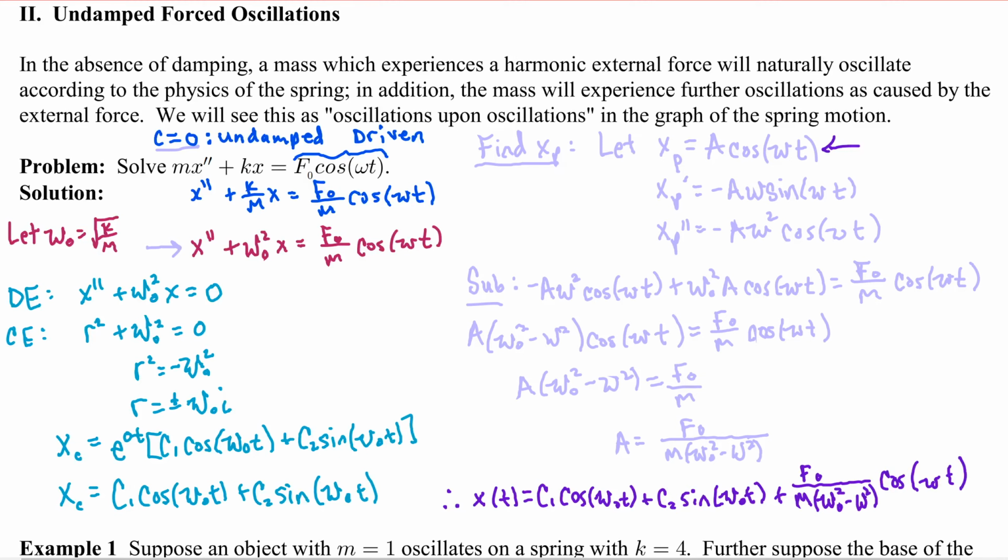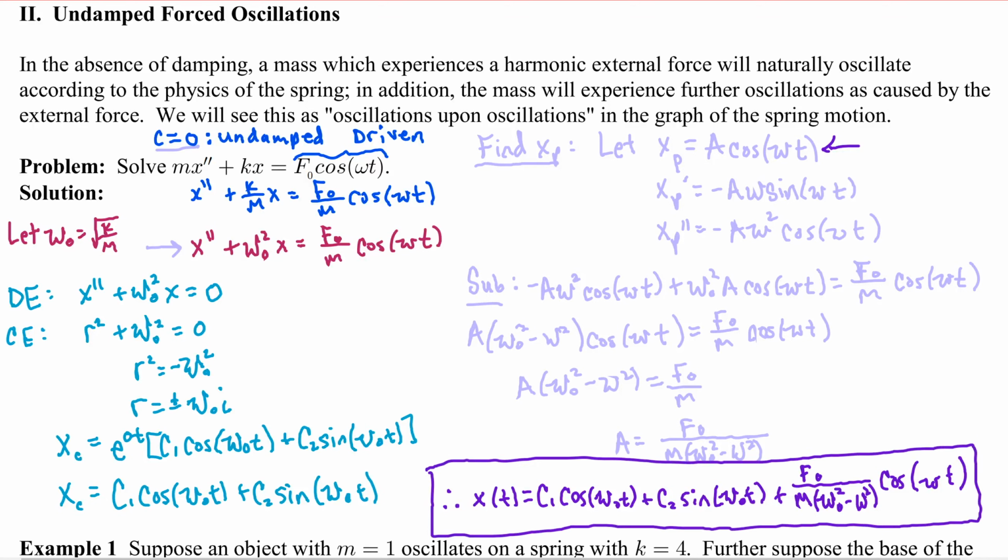So what you want to recognize about A is it is simply a constant, but now it is in terms of the magnitude of our external forcing function, the mass, also omega naught, which is the square root of k over m, and omega, which is our external circular frequency of that harmonic oscillator.